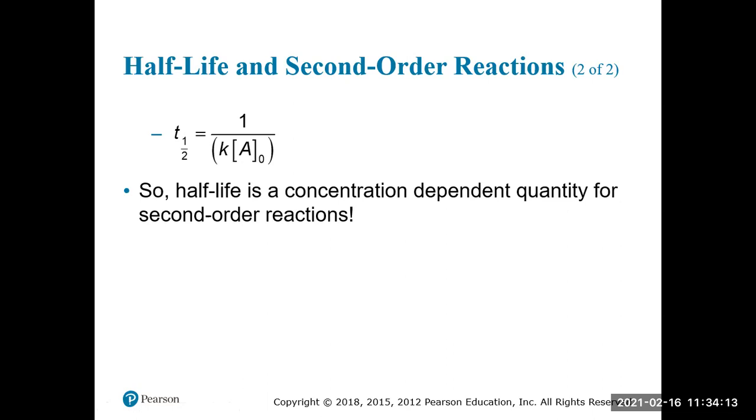What we see in second order reactions is that half-life time is dependent upon the starting concentration, because we have a concentration term in the denominator. So first order half-life is not dependent upon the concentration of the reactant. Second order, it is. That's another difference between first order and second order reactions.